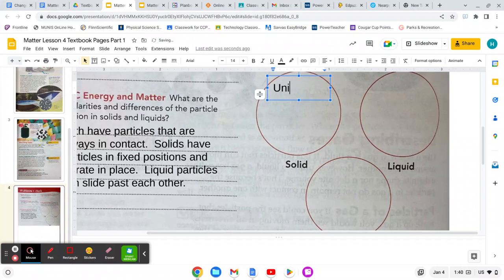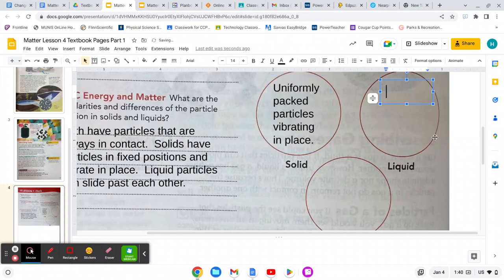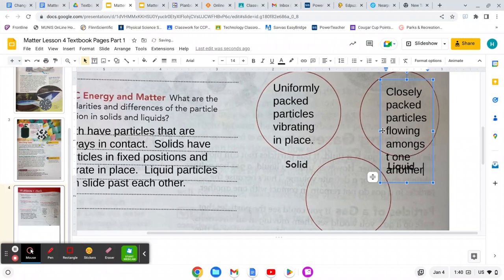So for a solid, uniformly packed particles vibrating in place. Okay. And then for a liquid, we have closely packed particles flowing amongst one another.